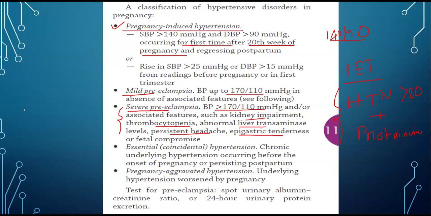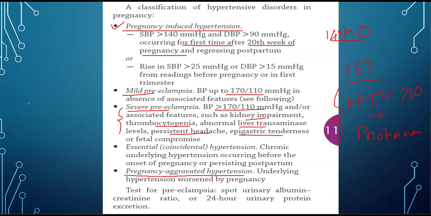Let's say someone had mild hypertension, and then when they got pregnant, their blood pressure got much higher. This time you will call it pregnancy aggravated hypertension. Let's say you have a pregnant patient who you suspect can be a case of preeclampsia.